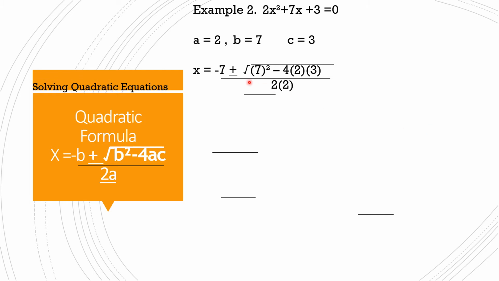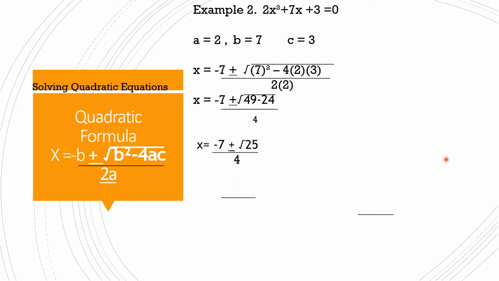Then simplify here. We have 7 squared is equal to 49. 4 times 2, that is 8 times 3, that is 24. So we have now negative 7 plus and minus square root of 49 minus 24 divided by 4. So 49 minus 24, that is 25.